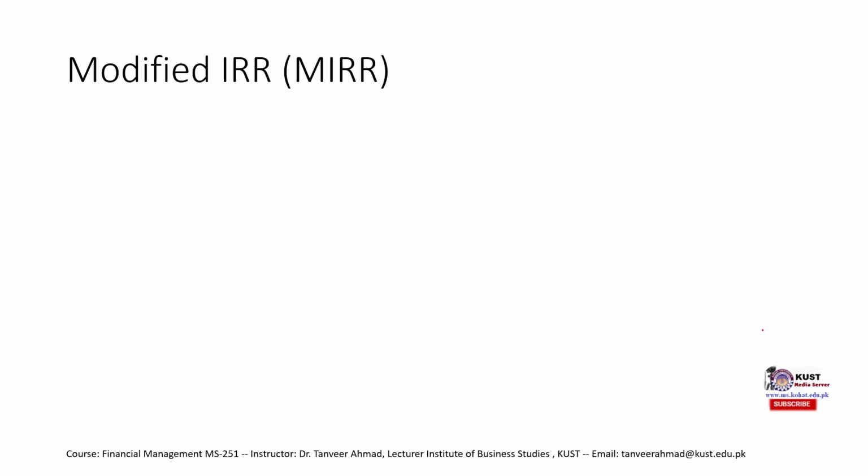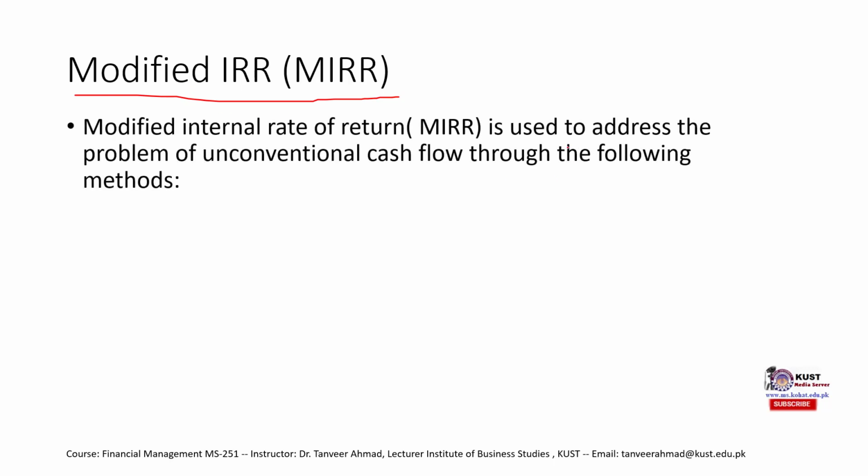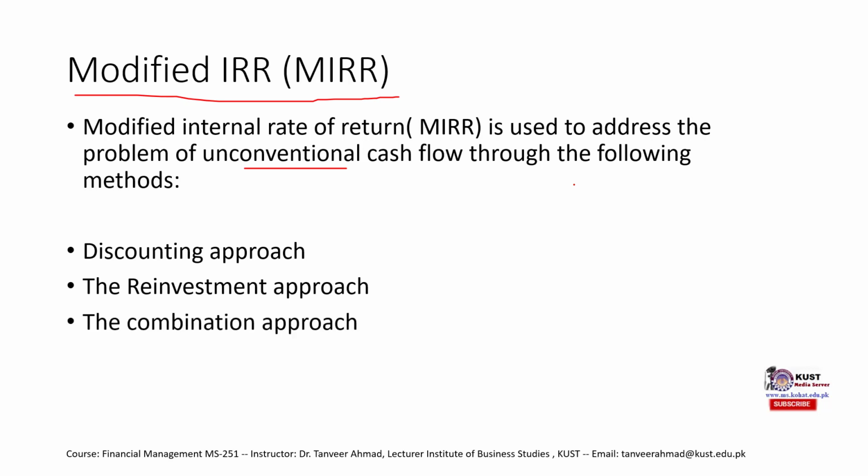So for non-conventional cash flows, we need to use modified internal rate of return, MIRR, rather than IRR. Modified internal rate of return is used to address the problem of non-conventional or unconventional cash flows. There are three different approaches. First is the discounting approach, then the reinvesting approach, and then the combination approach.